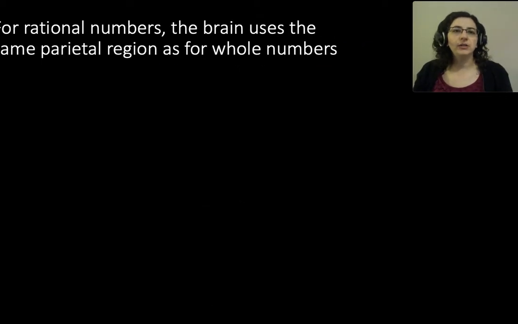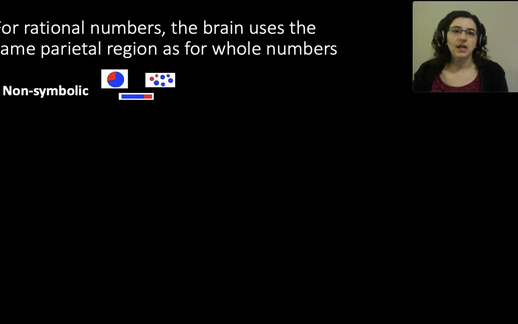So for rational numbers, we've looked at this and we can actually start to see that the brain is also processing rational number magnitude in these same parietal regions. So for non-symbolic, we're going to be looking at things like pie charts and lines, but also sometimes people do comparisons of proportion of colored dots.